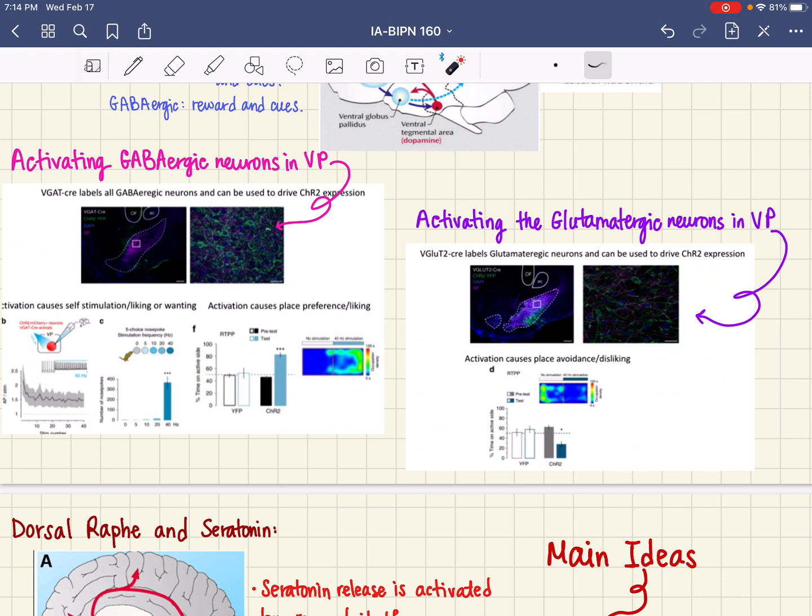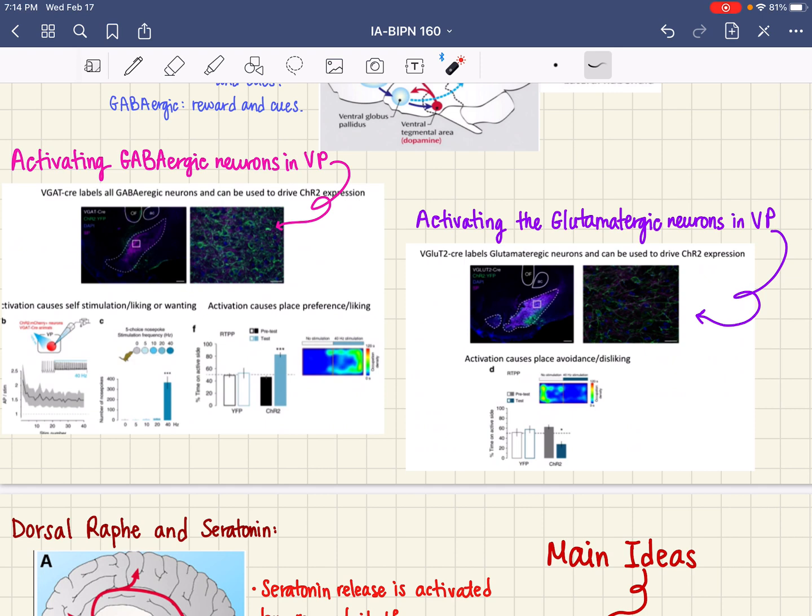So this further confirms that GABAergic neurons are giving the mouse the sense of reward and a feeling of liking what that feels like. Okay, so this is what that first part of the experiment says.